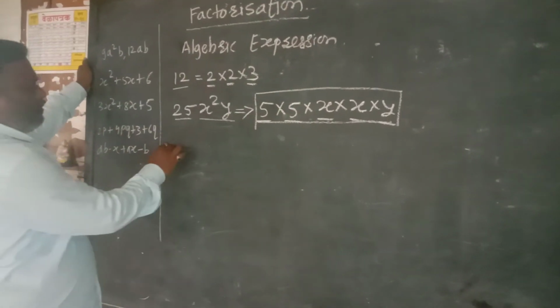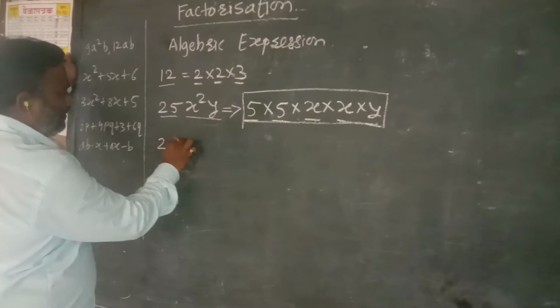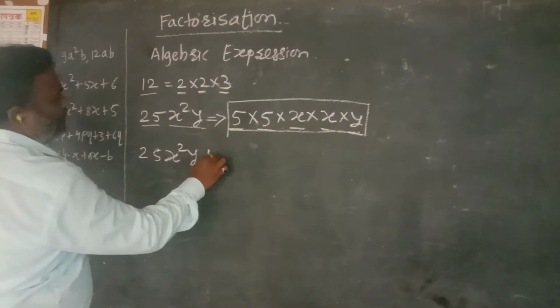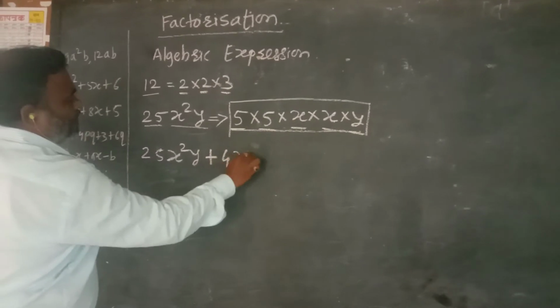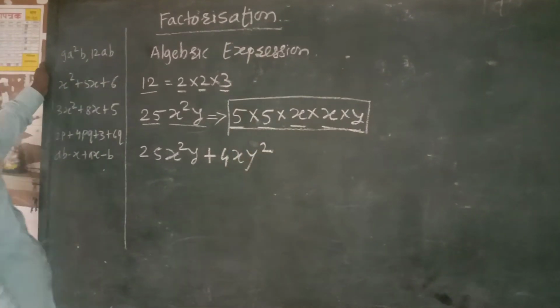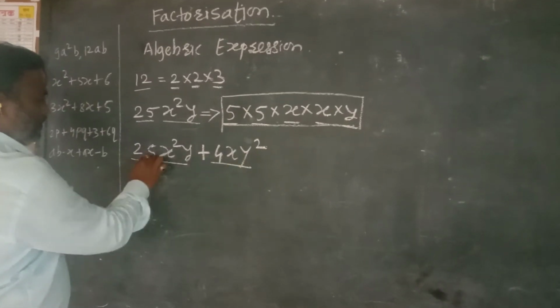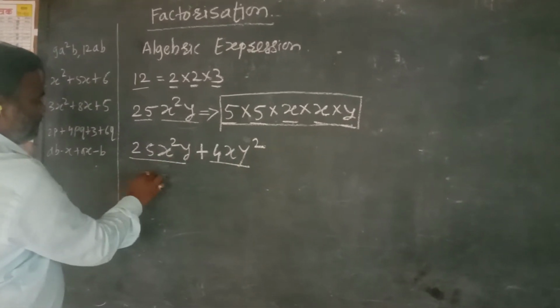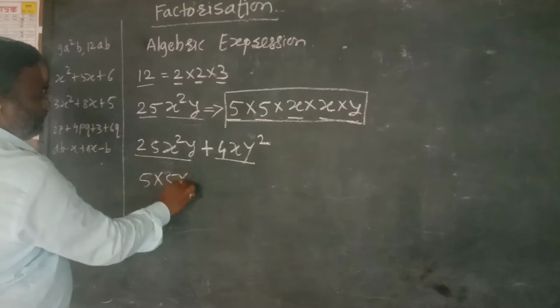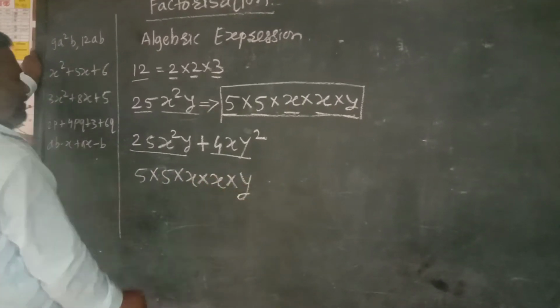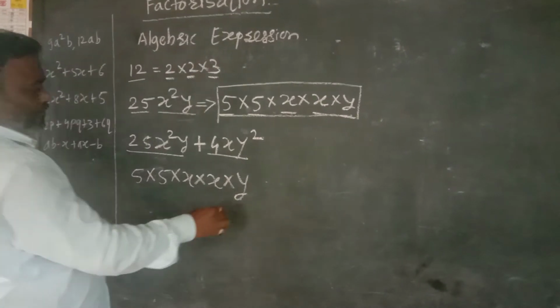Similarly, in terms of a binomial, if we have the binomial 25x square y plus 4xy square, then we have to separately factorize each term. For 25x square y, the factors are 5 into 5 into x into x into y.